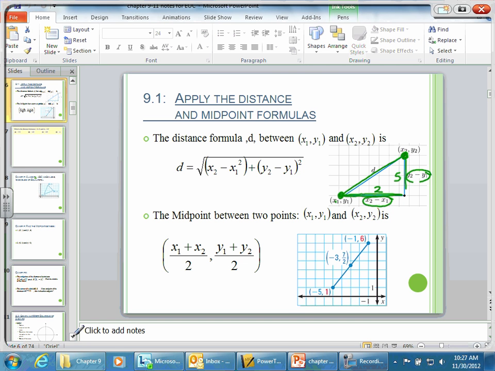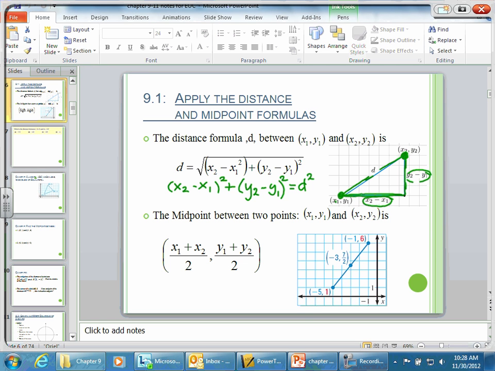All right, so if I have this general length, x sub 2 minus x sub 1, I know the Pythagorean theorem says I'm going to take that distance plus y sub 2 minus y sub 1, that distance, both of those squared, and set it equal to the hypotenuse squared.